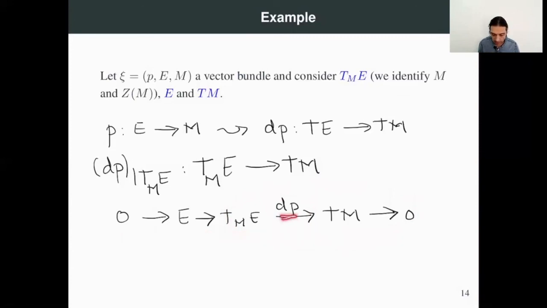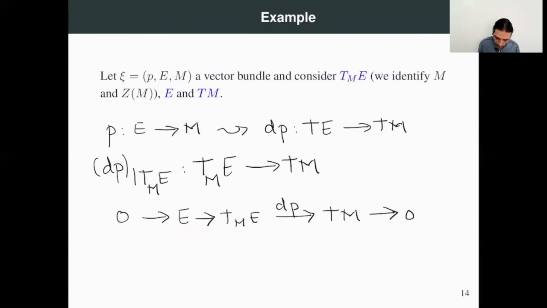But the kernel of the differential of P is exactly the tangent space to the fiber. And since the fibers are linear, the kernel for every point in M is going to be the fiber at that point. So the kernel is just the vector bundle E. So we have this short exact sequence, right? Because obviously this is an inclusion, and so it is injective. It's a monomorphism.